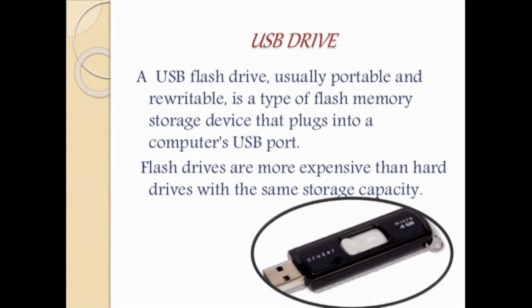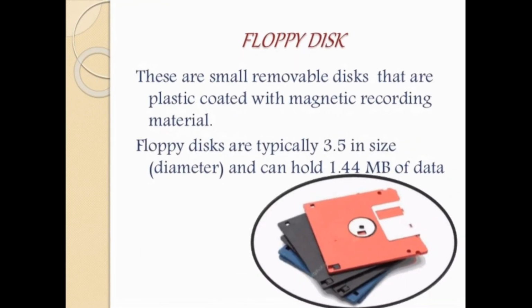So the next external memory device is floppy disk. Floppy disks are small removable disks that are plastic coated with magnetic recording material. Floppy disks are typically 3.5 inches in diameter and can hold 1.44 MB of data. MB means megabyte.